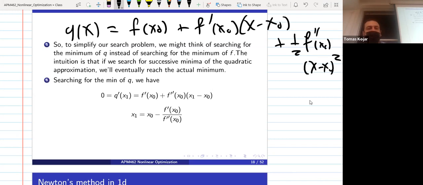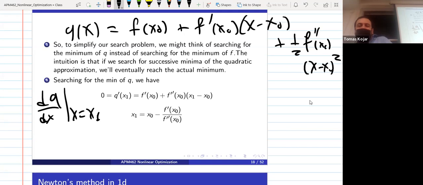Okay, so if you take d/dx of q and plug in the next step, you get this equation, and you solve for it for x1. Okay, and what does it say? It says that x1 is given by this point.